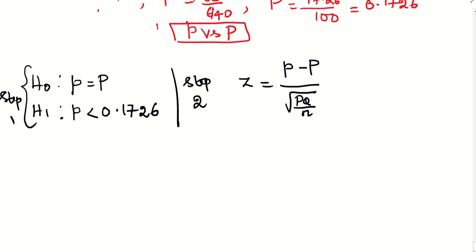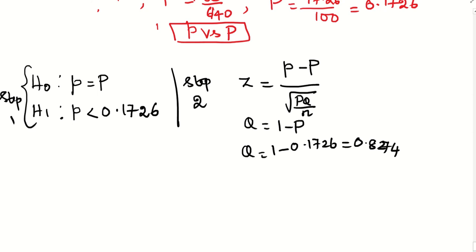Here this is nothing else, a standard error, where Q is 1 minus capital letter P. So now let us first calculate Q. Q is equal to 1 minus 0.1726, it is equal to 0.8274.